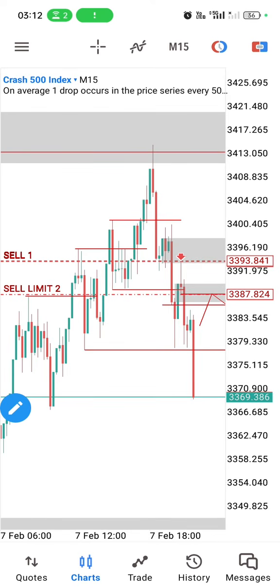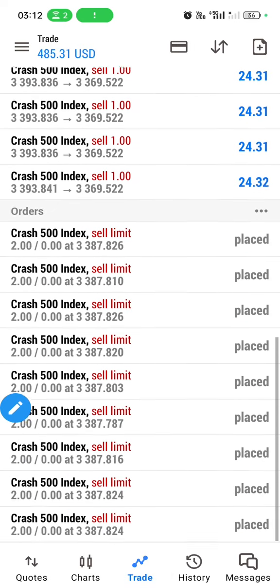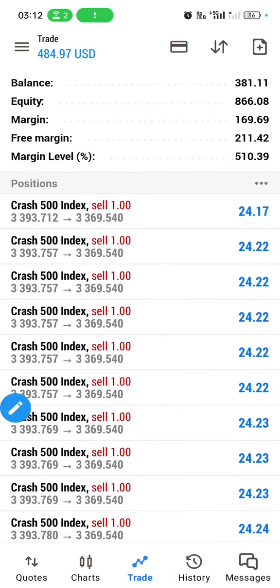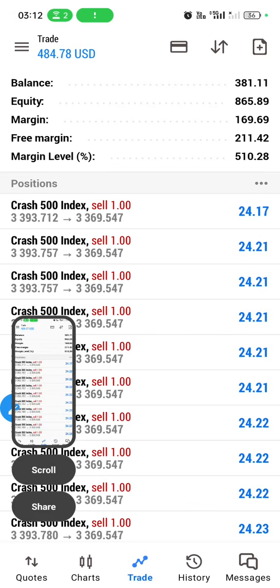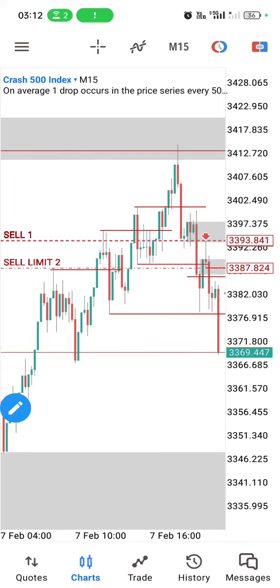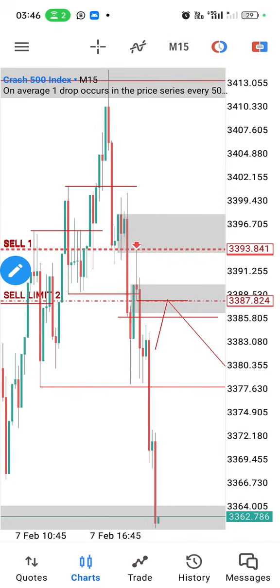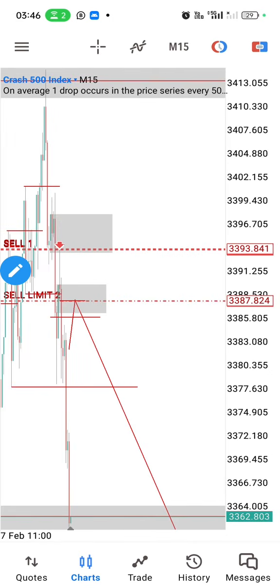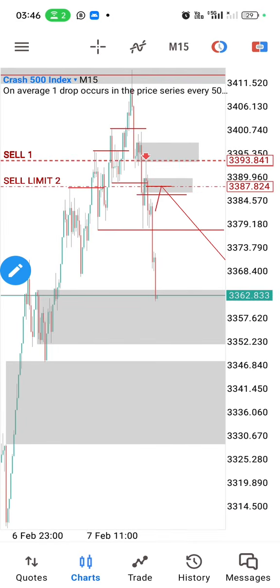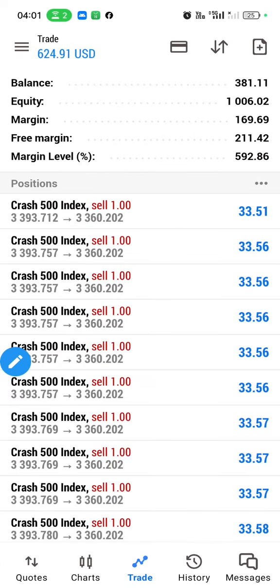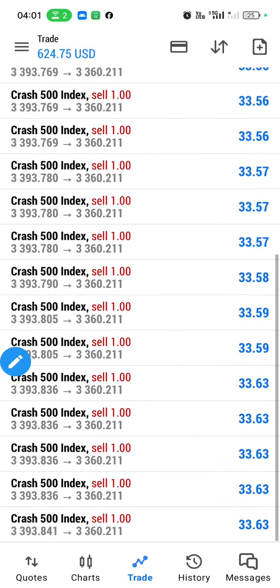Here I think we're at about 400 and something, close to 500 USD profits, and then afterwards it kept on plummeting down, and by now we were at 1,000.